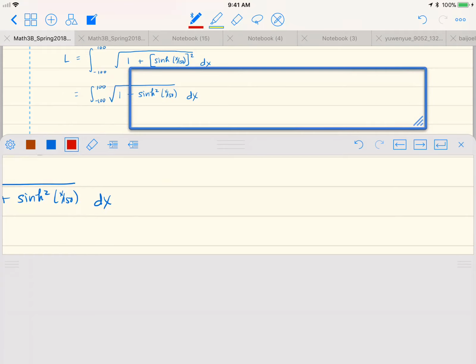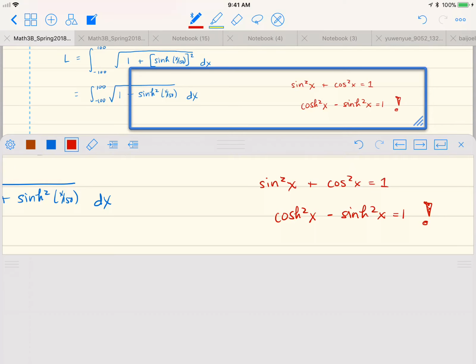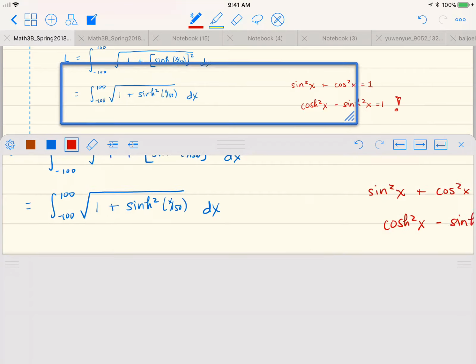Just like sine squared of x plus cosine squared of x is equal to 1, cosh squared of x minus sinh squared of x is equal to 1. This is a property of hyperbolic trig functions.